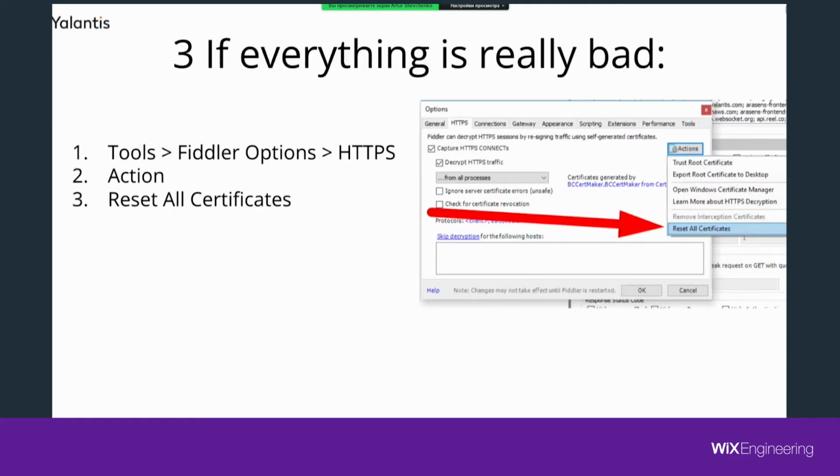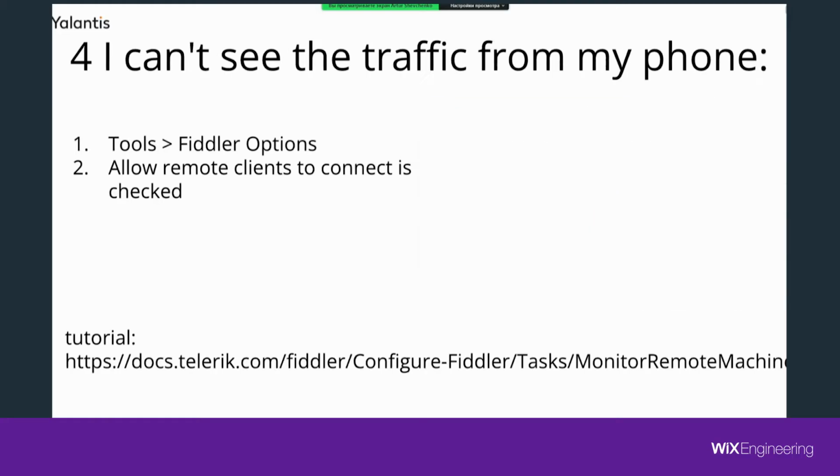The third one: when you try everything and nothing still works for you, sometimes a complete reset will help. So we should reload all the certificates, and then go through all the steps again, and everything should definitely work.